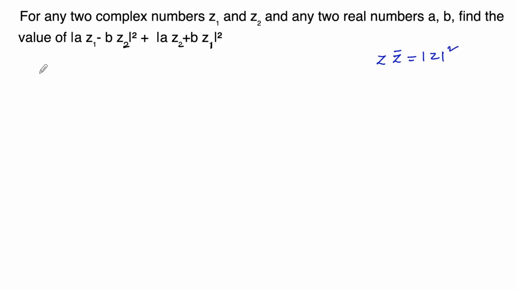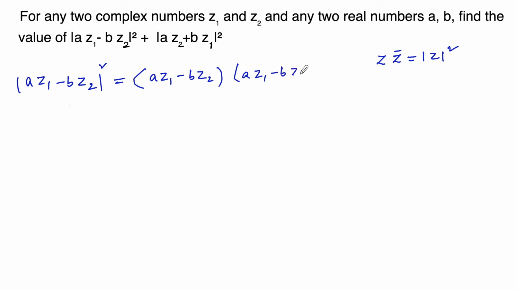So we can write |az1 - bz2|² as (az1 - bz2) into the conjugate of (az1 - bz2), which is equal to (az1 - bz2)(a z1 bar - b z2 bar).